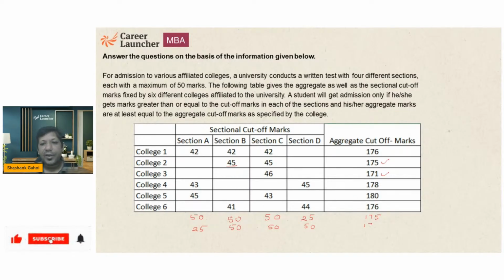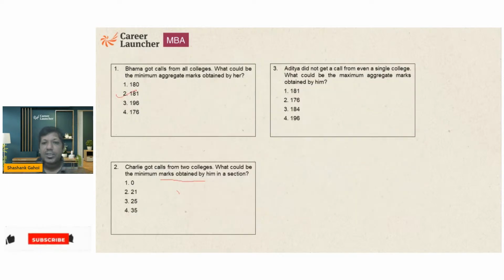So 175 के स्कोर पे कॉलेज 2 इज क्लियर, कॉलेज 3 इज आल्सो क्लियर। तो इसका मतलब मिनिमम स्कोर कितना चाहिए कॉलेज 2 कॉलेज 3 क्लियर करने के लिए? 25 मार्क्स। उसके ऊपर आएगा तो शायद दो से ज्यादा कॉलेज कन्वर्ट हो जाएंगे, जो हमें नहीं चाहिए। तो इसका मतलब व्हाट इज द मिनिमम स्कोर someone can score to clear two exams? That is going to be option 3.